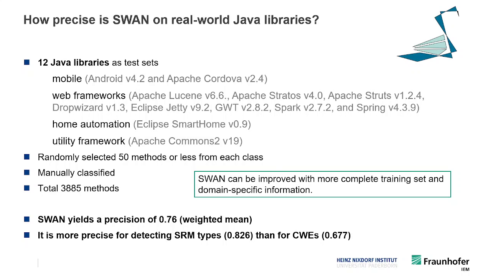The actual code base that we are using and the naming of these packages and classes are quite important. And if we have good examples of them in our training data, we were able to improve the classifiers quite a bit. This motivated us to work on a semi-automatic approach, which is SWAN Assist, and we are going to talk about this in the following video.